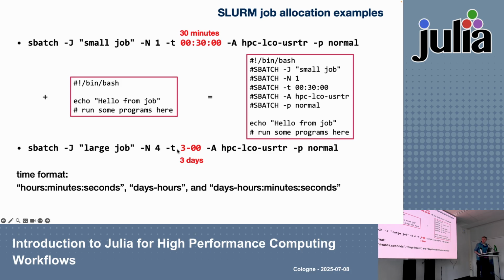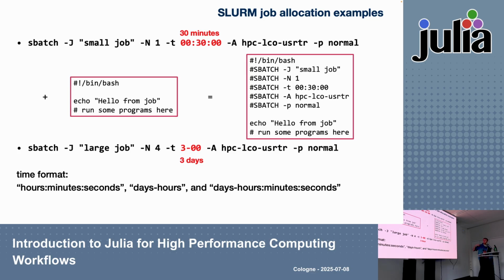So there are different time formats that you can use, and that you could confuse. So sbatch will take the parameters and your job script, and then tell the scheduler, please allocate these resources and run the commands.